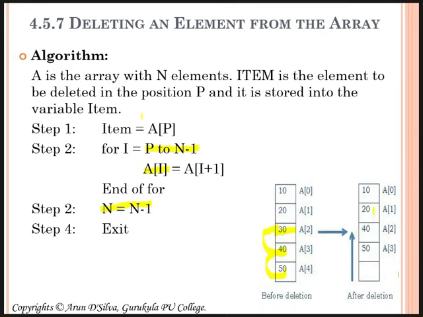So what happens? Position 0 is retained as it is, position 1 is retained as it is, position 2 gets the position 3 value, position 3 gets the position 4 value, and you have decreased the number of elements by 1. So afterwards the last position becomes blank. That is how the deleting operation can be implemented using this algorithm.